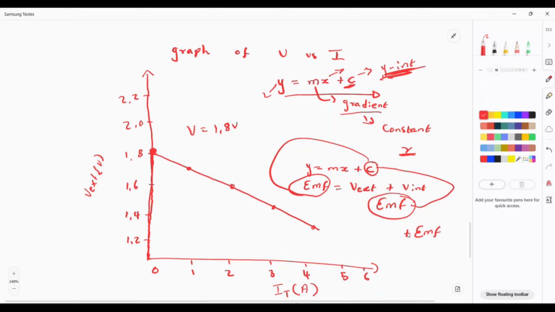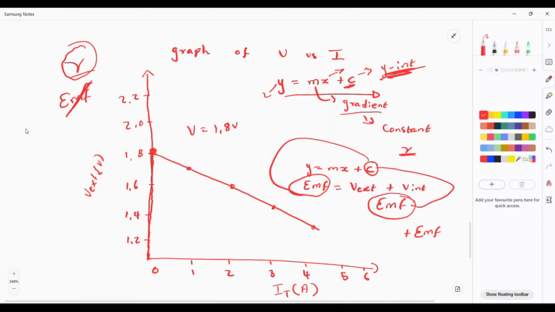Because now we have the constant values: we have an internal resistance, which is constant, and we also have the EMF, which is constant. But this constant value we have found is our y-intercept, which means the other constant value, which is the internal resistance, is going to be our gradient.